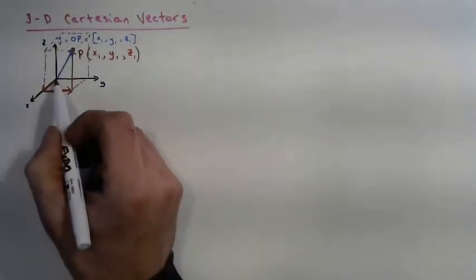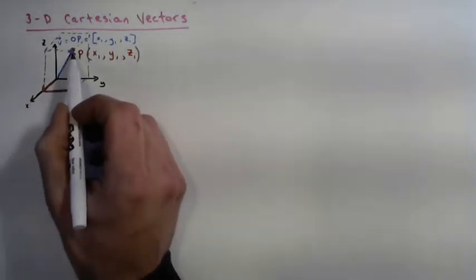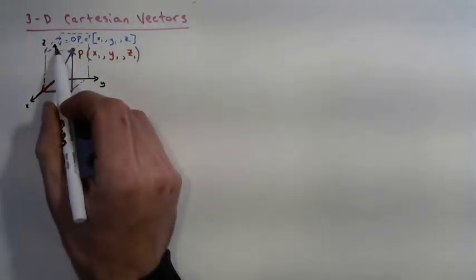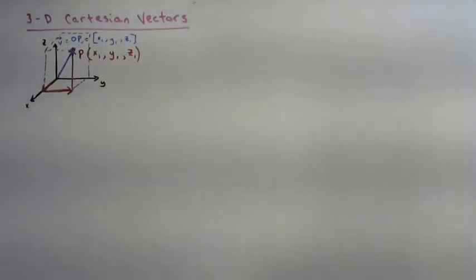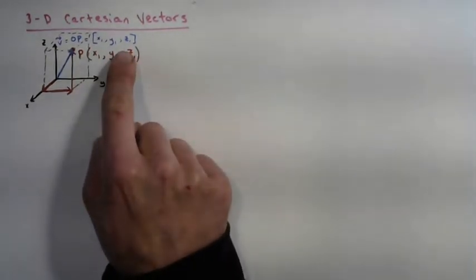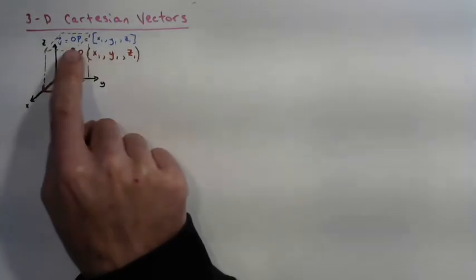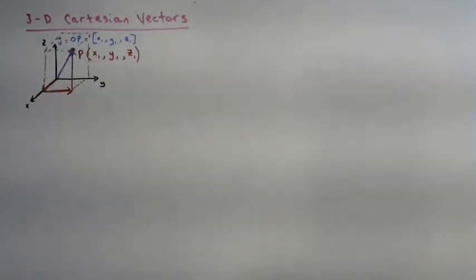And you can see now that we have these 3 directions, x direction, y direction, z direction, to get us to point P, which gives us vector OP in 3-dimensional space. All right. Now, this vector has the same direction and magnitude as OP, which is the point in 3 space.